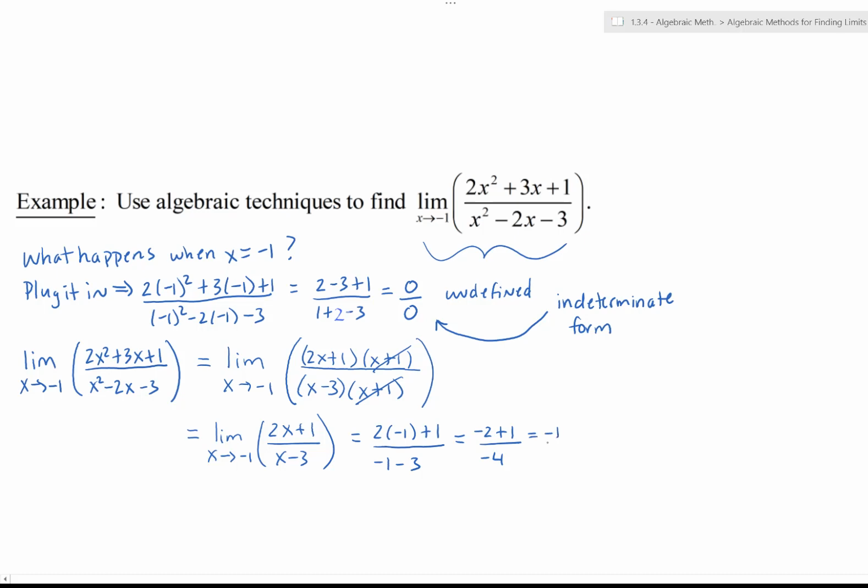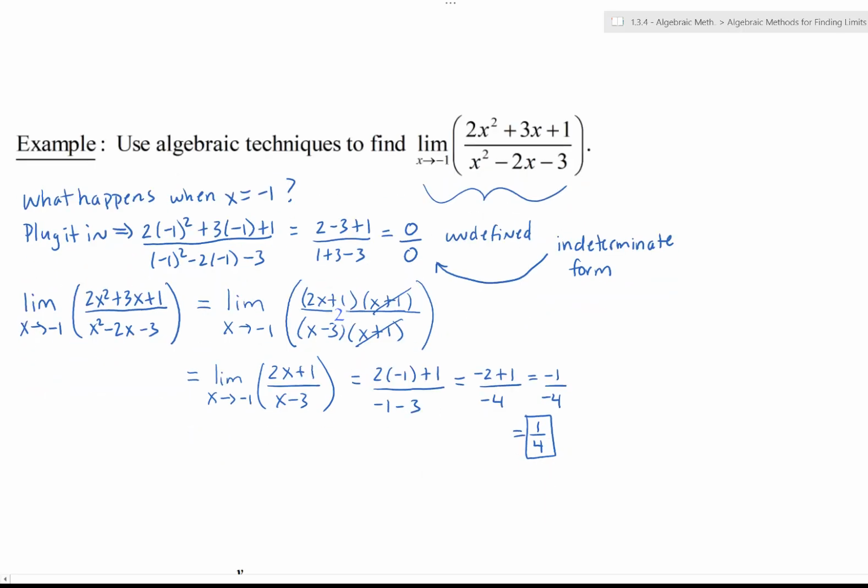That is a -1 over -4, which is a 1/4. So in this case, the limit does exist, and even though the function itself, this rational function here, is not defined at x is -1, the limit still exists at that location of x is -1.